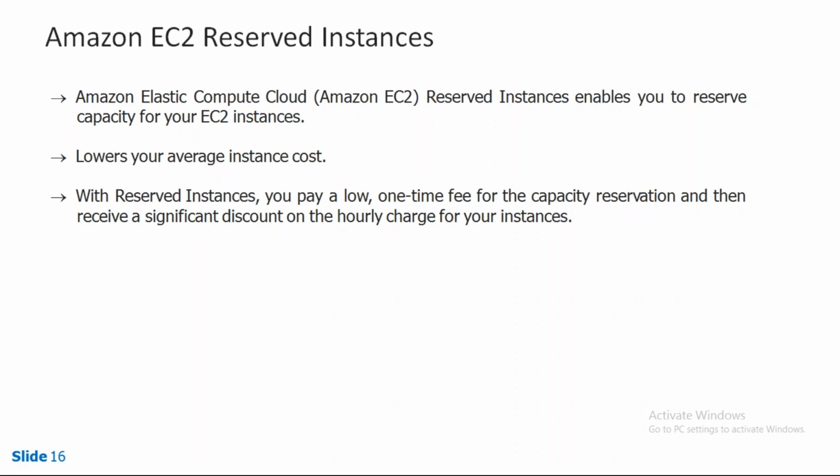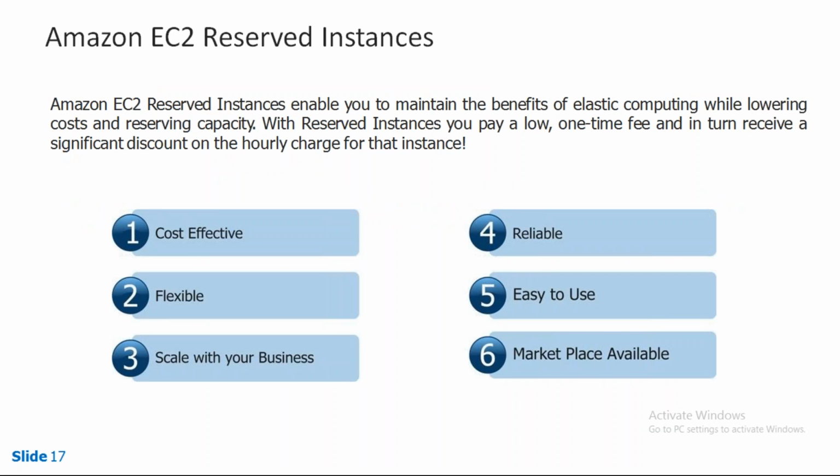With a reserved instance, you pay a low one-time fee, because you have an agreement with Amazon that you want to use it for such a long period of time. So you make an agreement and pay only for that amount of time, and then you are allowed to use it for any amount of time, in whatever way you want, but legally. Make a note.